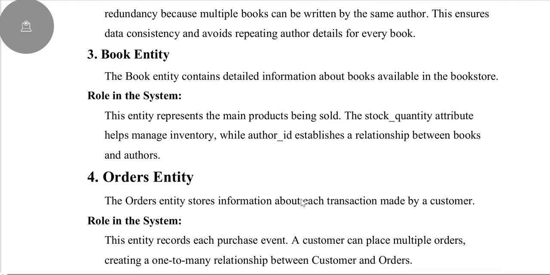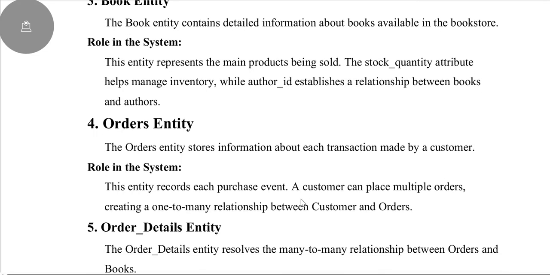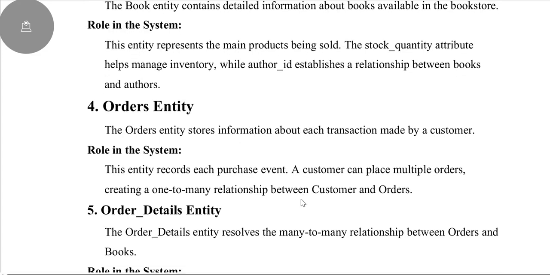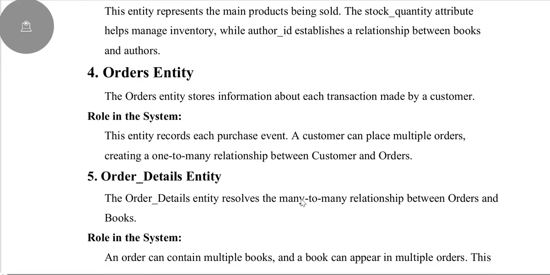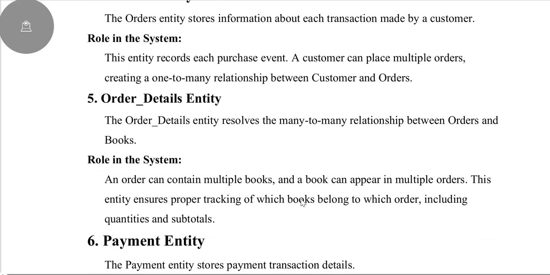And the next entity is called the orders entity. The orders entity stores information about each transaction made by a customer. Its role in the database is to record each purchase event. A customer can place multiple orders, creating a one-to-many relationship between the customer and orders.